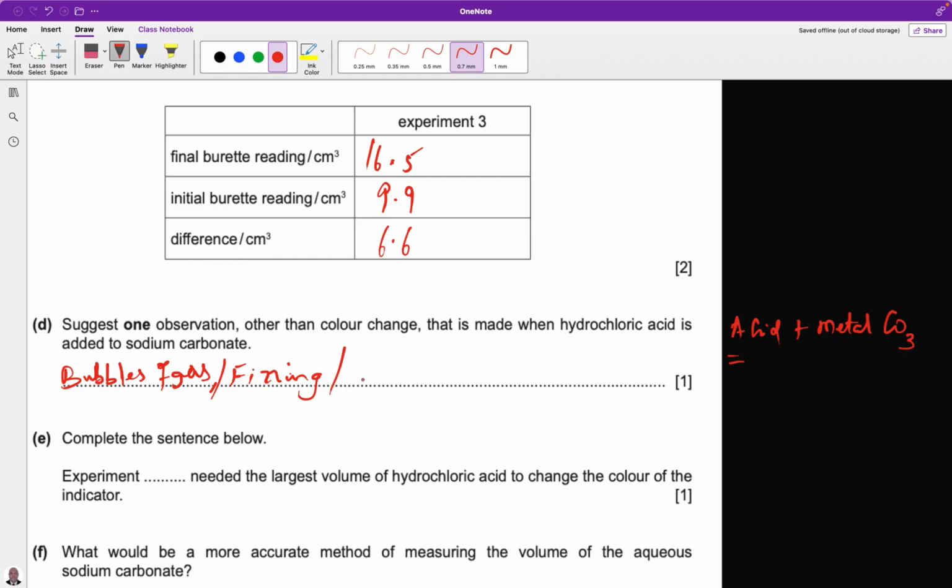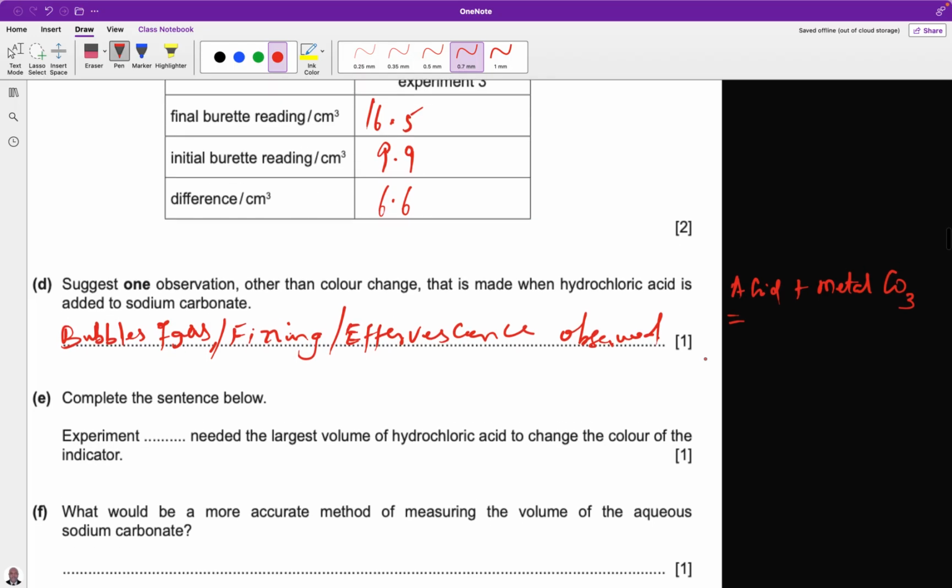Or generally, you can say effervescence. An effervescence is observed. Either you say bubbles of gas, or fizzing, that is the sound that comes out from the test tube, or effervescence is observed. That is the one observation other than the color that you can see when a carbonate and an acid are reacting.